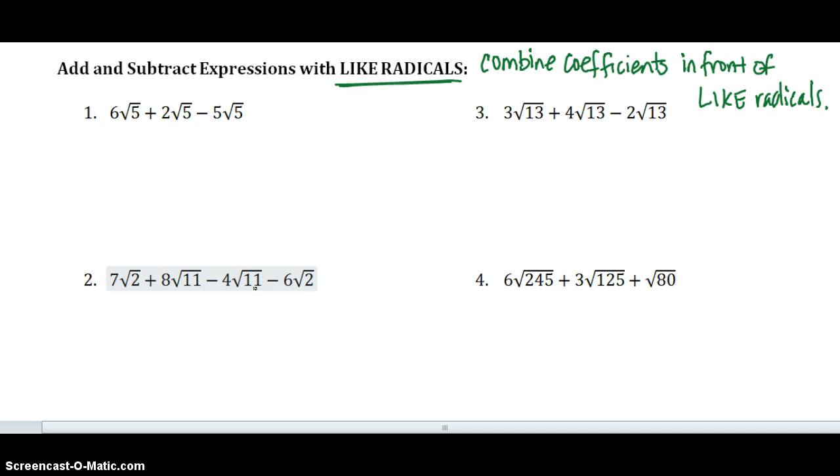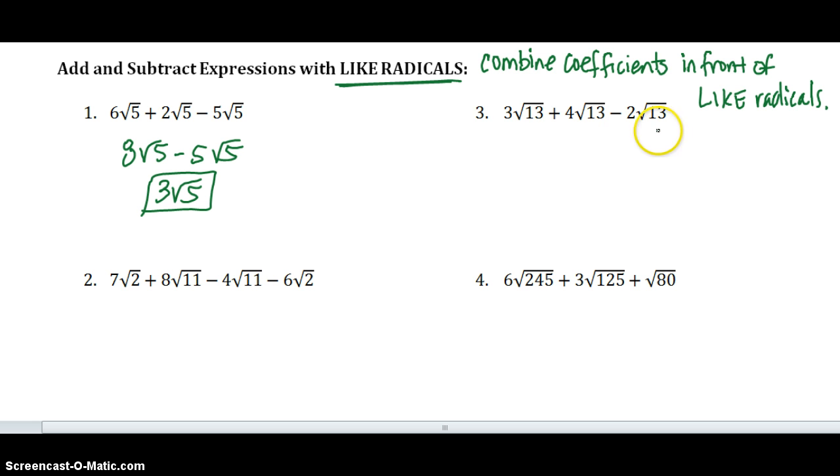So I'm going to do 1 and 3 with you and leave 2 and 4 for you to try on your own. So 6 plus 2, that gives us 8 radical 5 minus 5 radical 5, and 8 minus 5 leaves us with 3 radical 5 as our simplified expression.